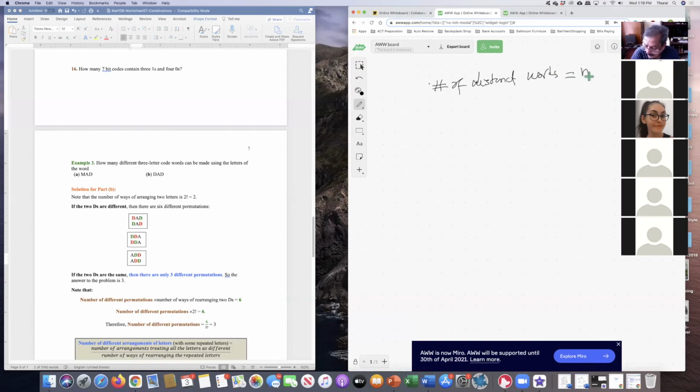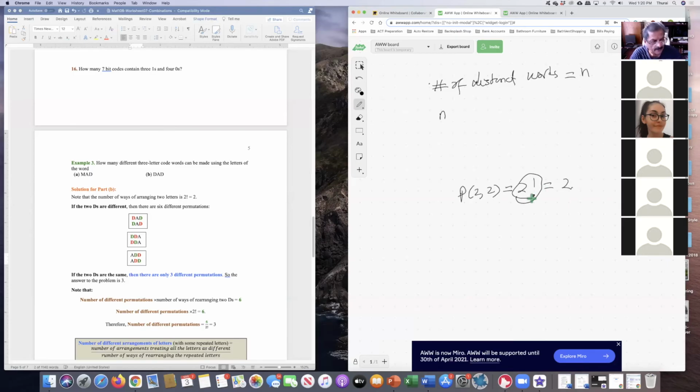Call it n. In this case, that n, number of distinct words, times how many ways are there to swap the two D's? In fact, 2 letters can be rearranged in P2 2 ways, which is equal to factorial 2, which is equal to 2. So I'm going to write it as factorial 2.